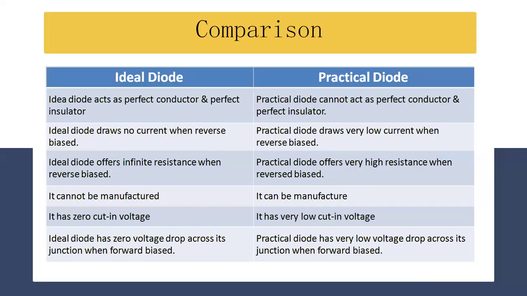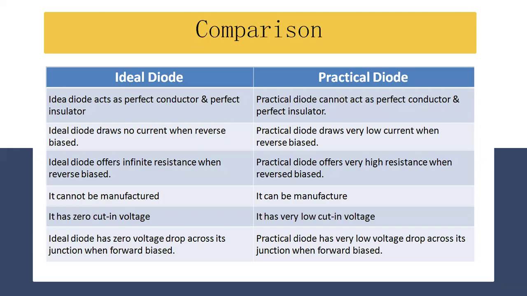Now, comparing the ideal diode and the practical diode, the ideal diode acts as a perfect conductor and perfect insulator, whereas a practical diode cannot be a perfect conductor and insulator. An ideal diode draws no current when reverse biased, whereas a practical diode draws very low current when reverse biased.